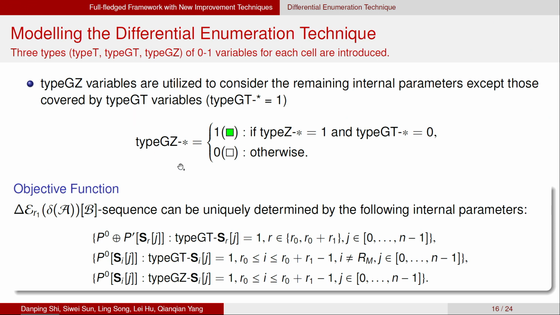So in order to describe the remaining internal parameters, new type GZ variables are introduced, and all the internal parameters are now described by type GT and type GZ variables.